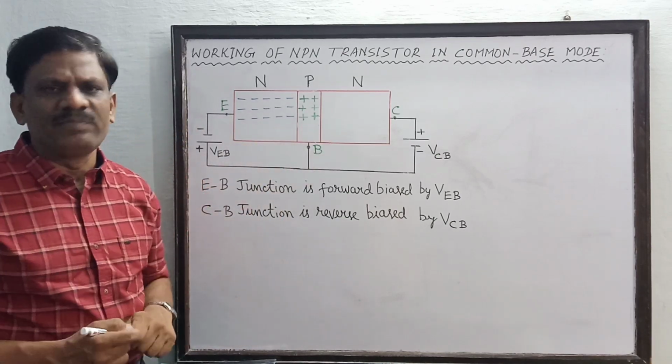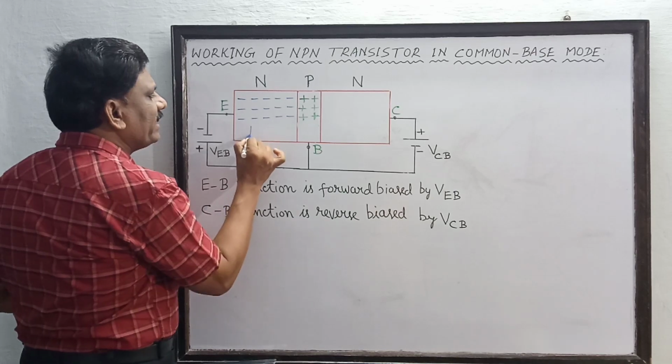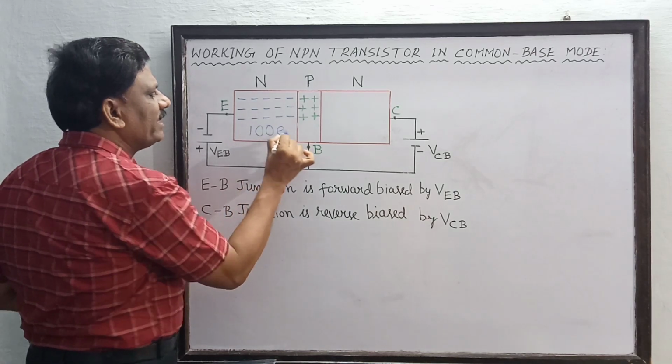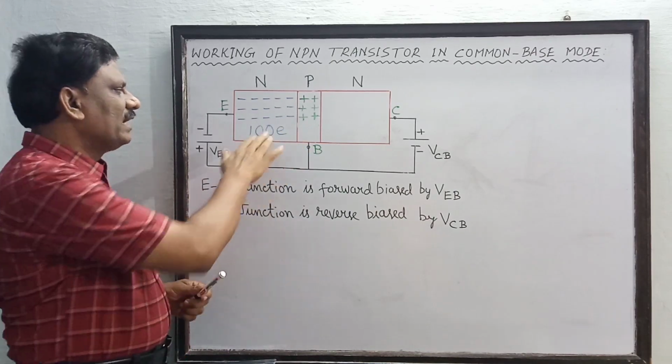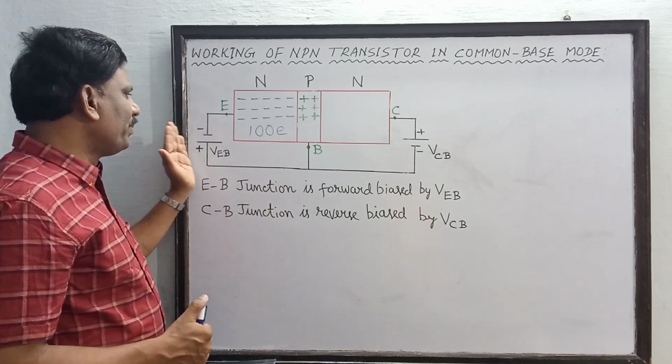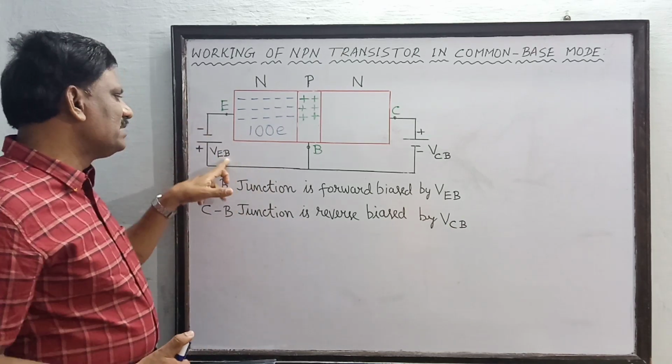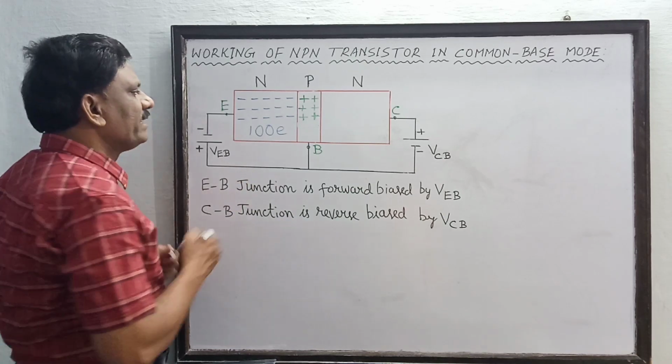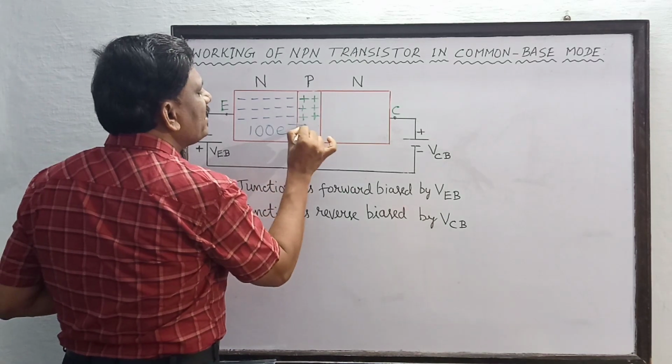Say for example, there are 100 electrons in the emitter region. These 100 electrons will be repelled by the negative potential of the supply battery VEB, so that these electrons will enter into the base region.